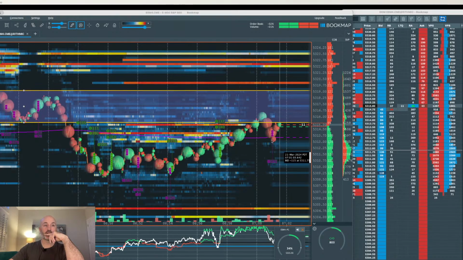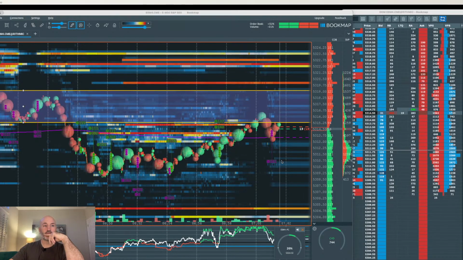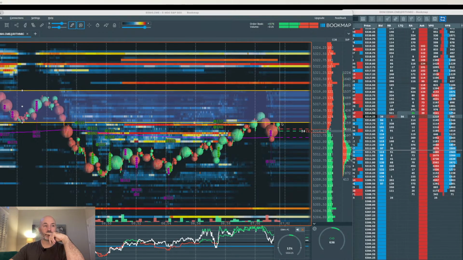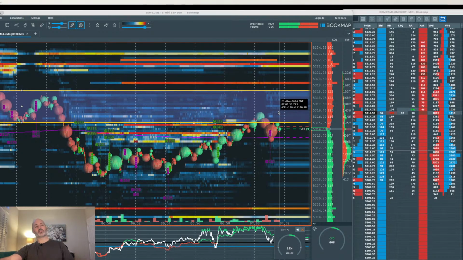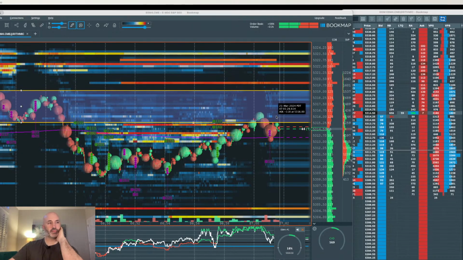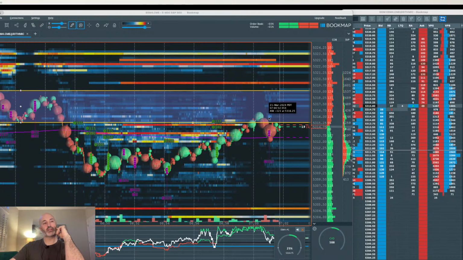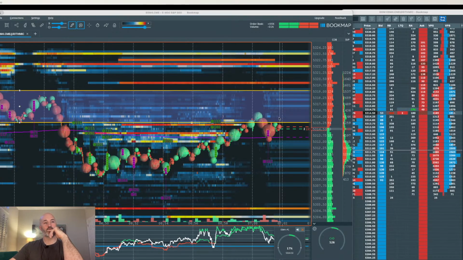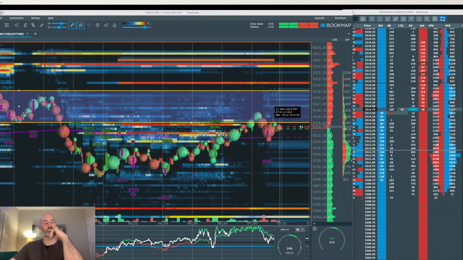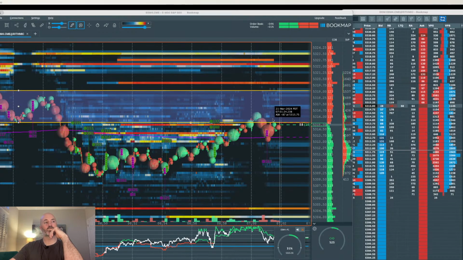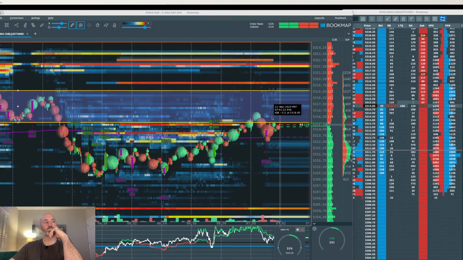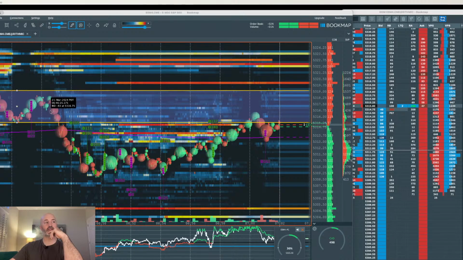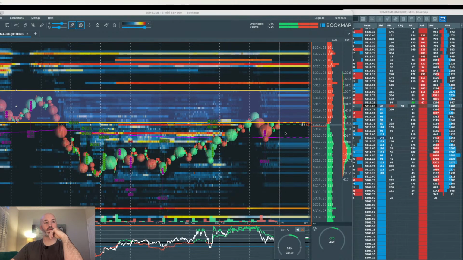Either way, really. I'm almost tempted to add to my position here. At this zone, I could get some really good prices. If it comes up in here and shows some resistance again, I'd like it to push up a little bit more, kind of in this 53.18, 53.17 area.